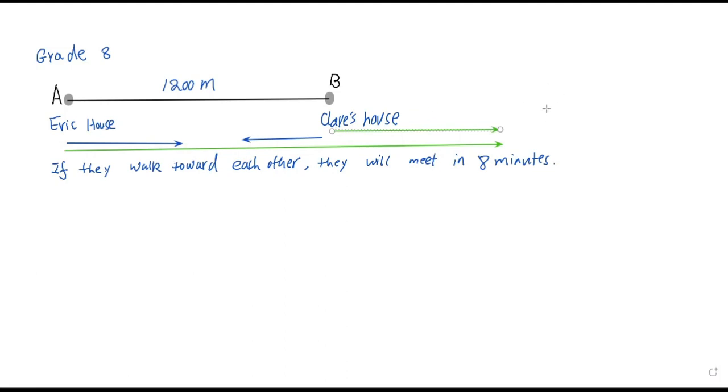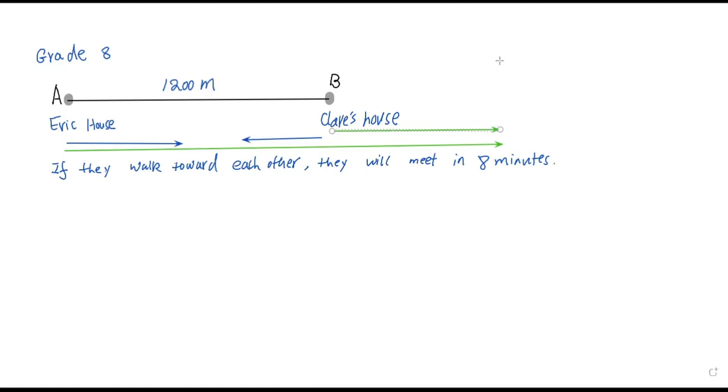Claire is slower and Eric is faster. Let's say they just say, let's walk there, we'll meet there.